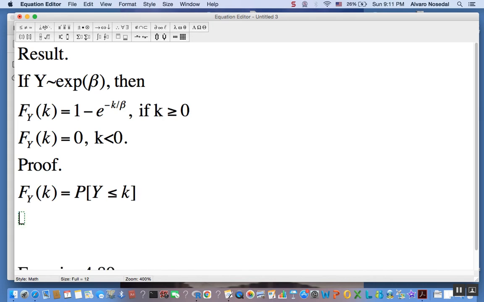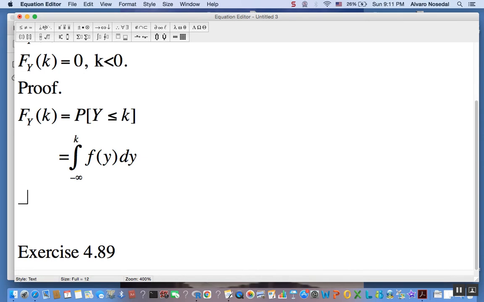Okay, now in this particular case, since we are dealing with a continuous random variable, that happens to be the integral from negative infinity to k of the corresponding PDF, probability density function, with respect to y.